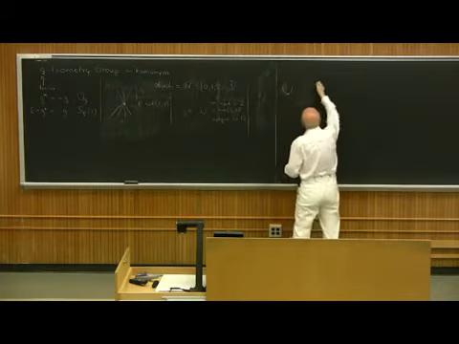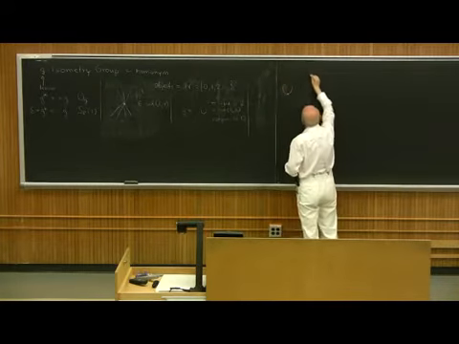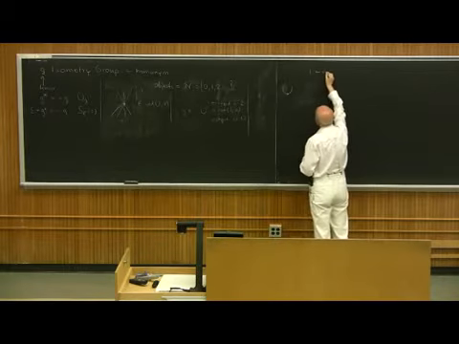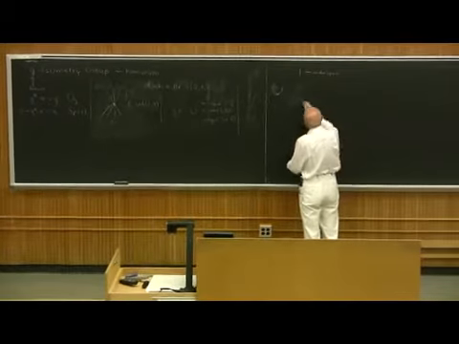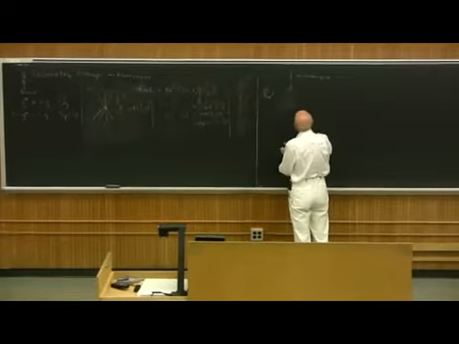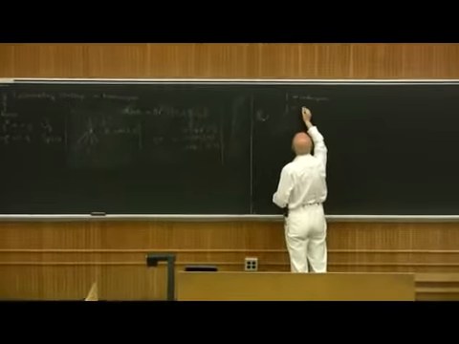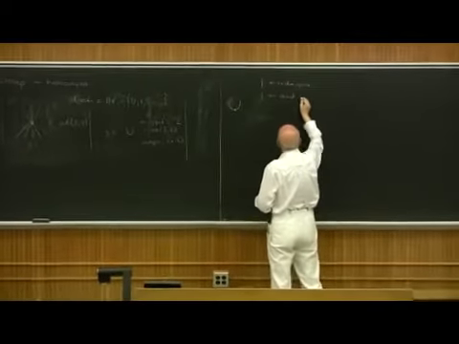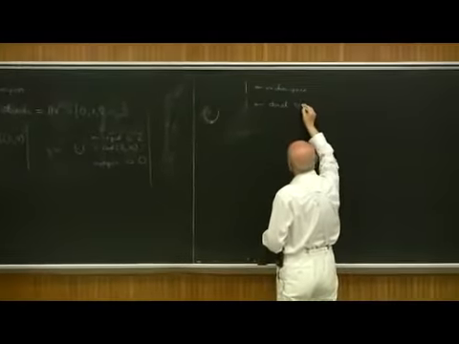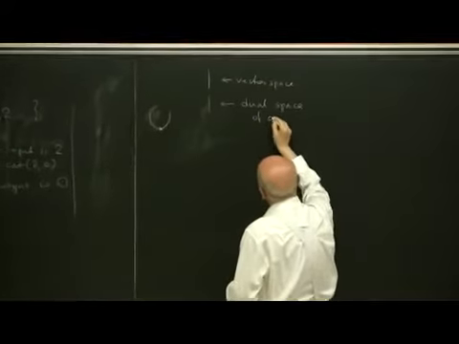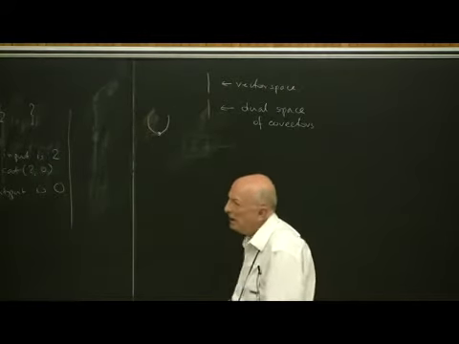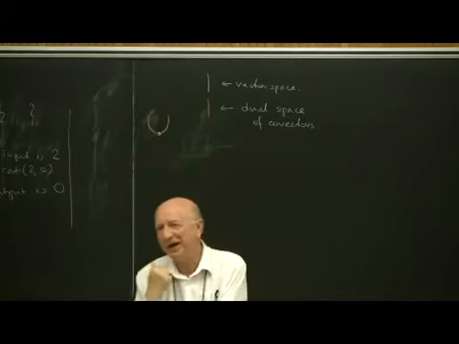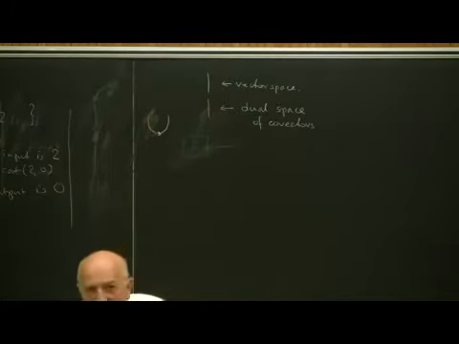So this is a vector space, and here in another color is the dual space of covectors. I'm not enthusiastic about my lecture because this notation takes a lot of time.